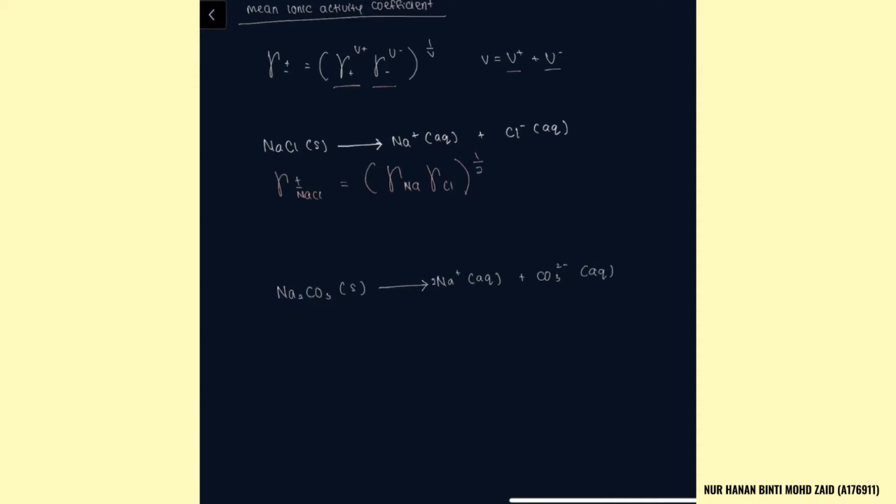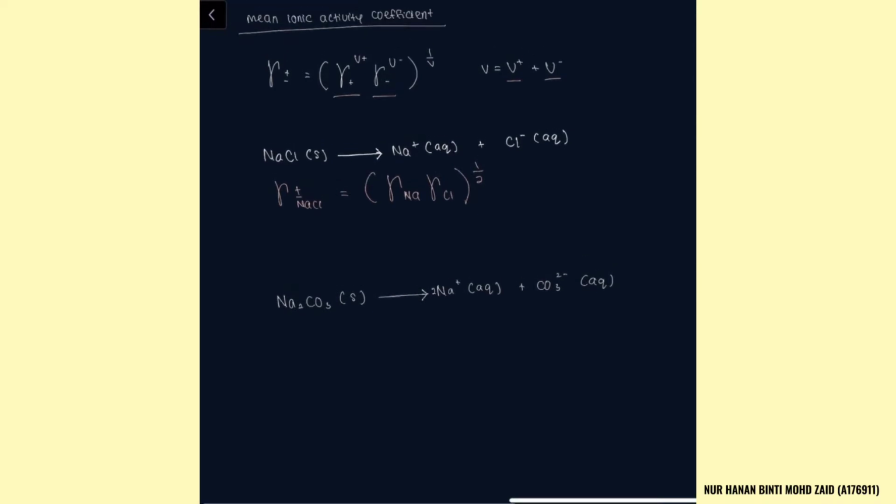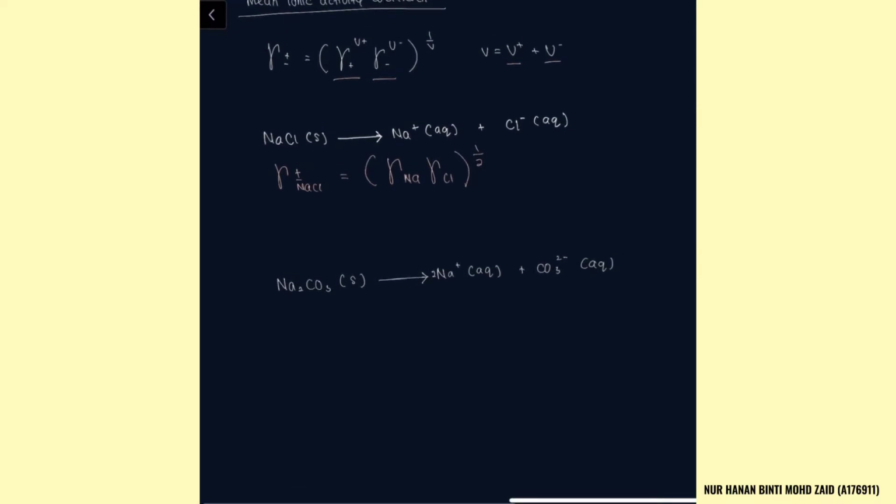So untuk cari mean activity coefficient to NaCl, kita boleh tulis macam ni.